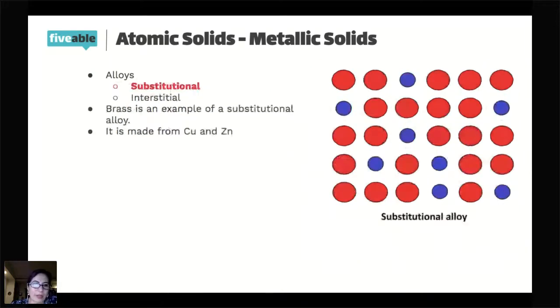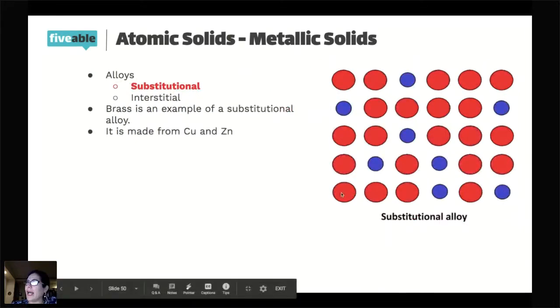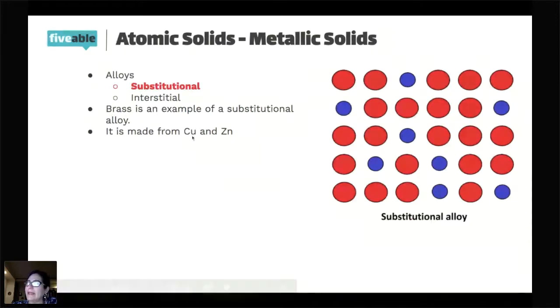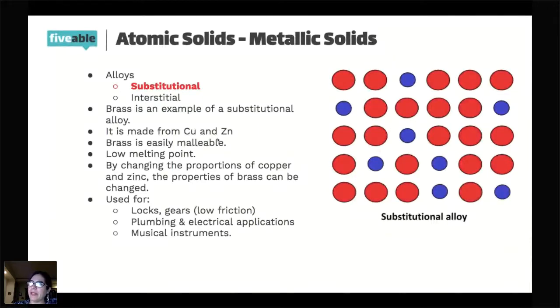So an example of a substitutional alloy is brass. Brass is made of copper and zinc. As you know, copper has a high electric conductivity. So by applying zinc to the mixture, the electricity conductivity lowers. And brass is very malleable, very easy to make shapes, easier than the copper or the zinc alone.